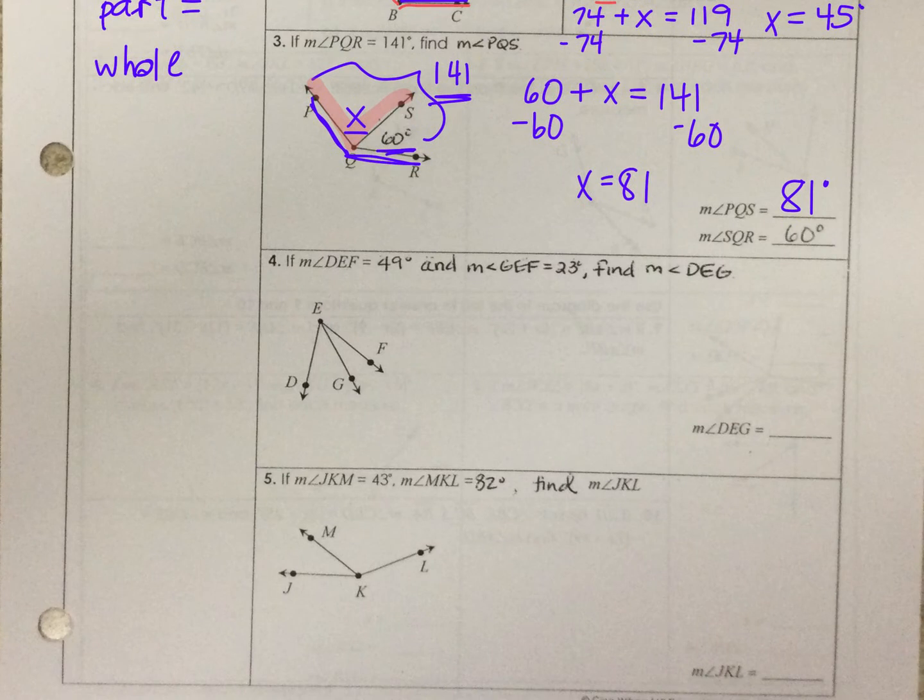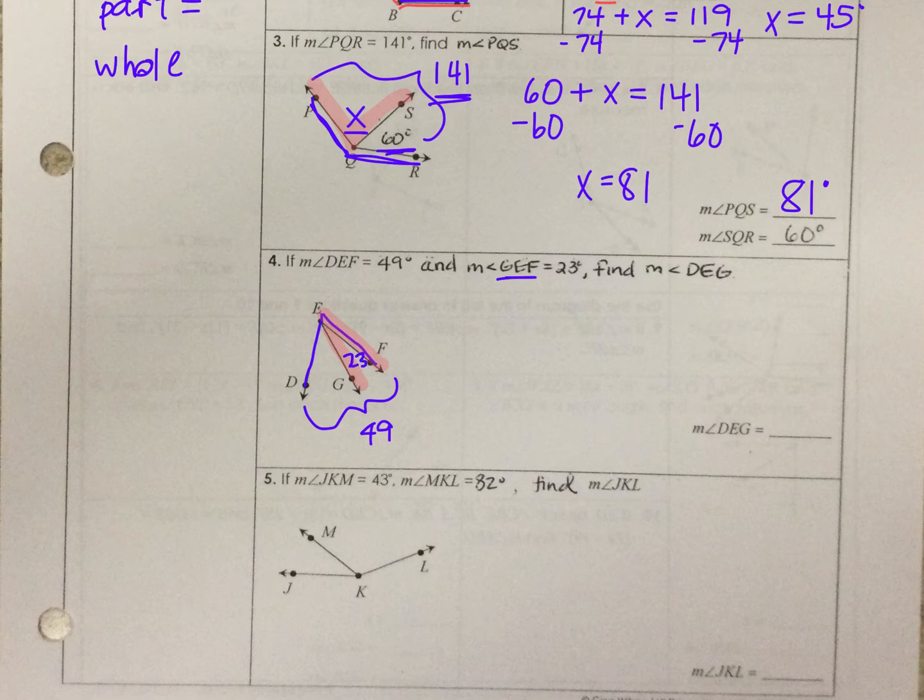All right, let's look at this next one. DEF, again, that's the whole thing, is 49. And GEF, that little part right there, is 23.